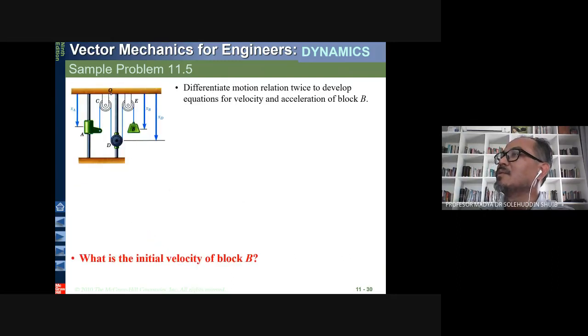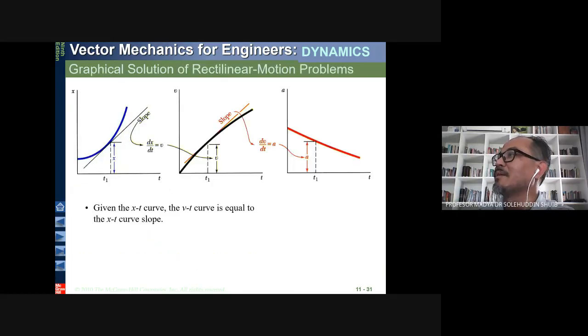So I expect you to go through section 11.5 on your own, for the graphical solution. For the graphical solution, I just want to highlight this slide. What does this graphic mean for rectilinear motion?